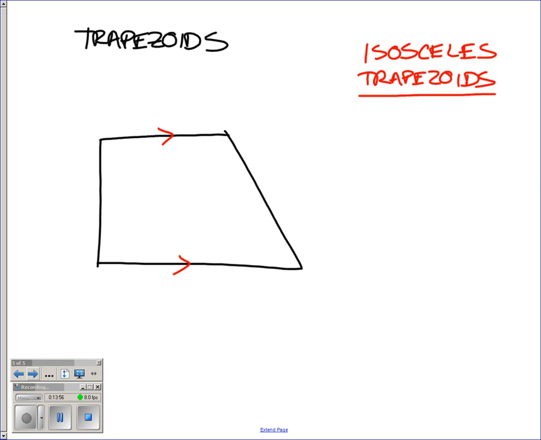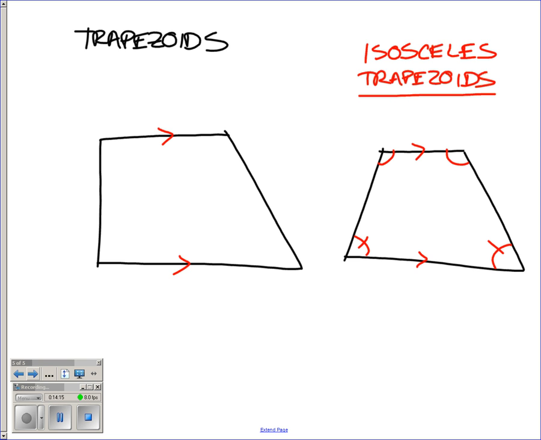Well, here is an isosceles trapezoid. Instead of just being a triangle that's been cut off, it's an isosceles triangle, which means the two base angles here are congruent. But now you've got another base, the top. And so these two base angles are equal to each other. All right?